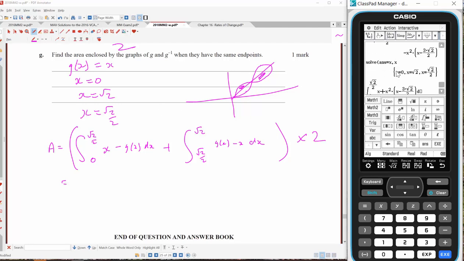We're subtracting, so let's put that in some brackets to make sure it executes okay. dx plus, now it's that function with a equals, take away x dx. Grab that answer, multiply it by 2, and we've got a quarter.